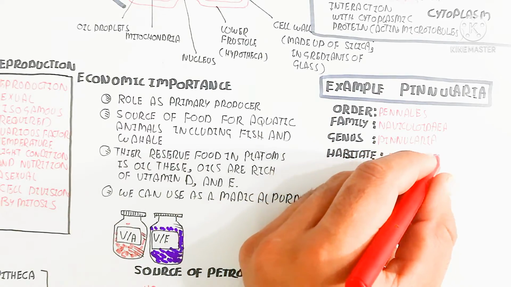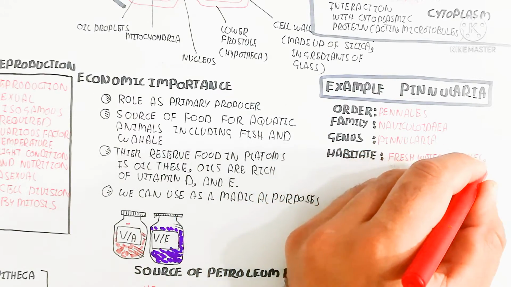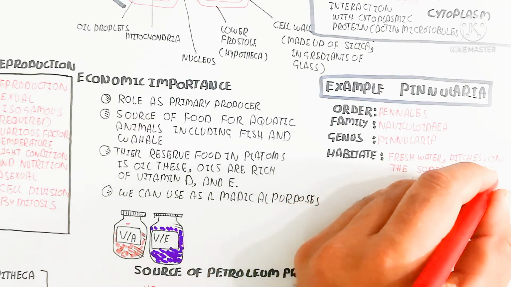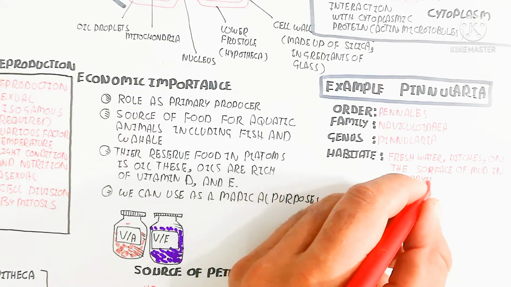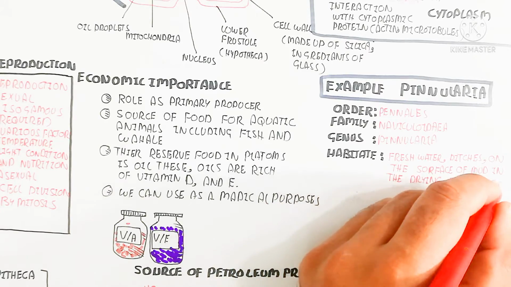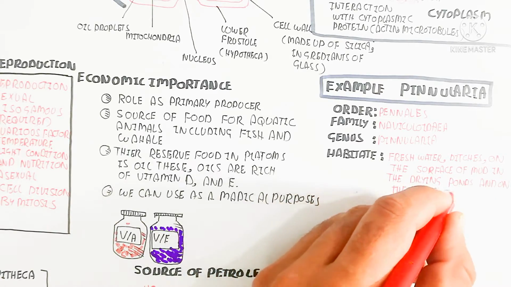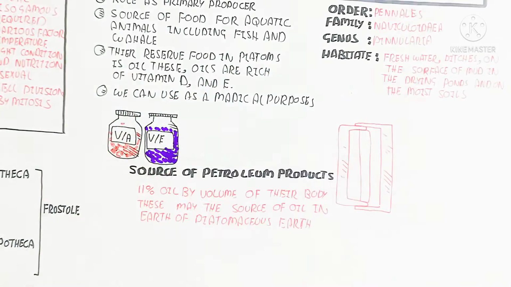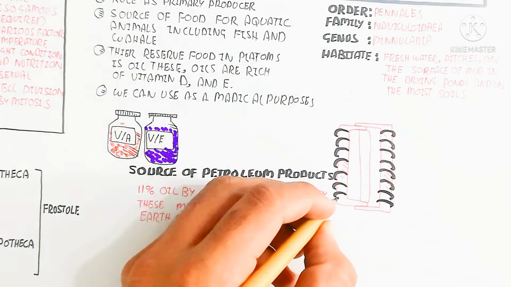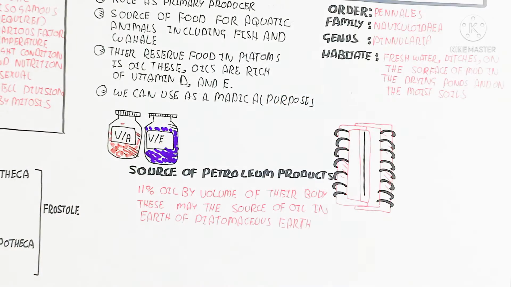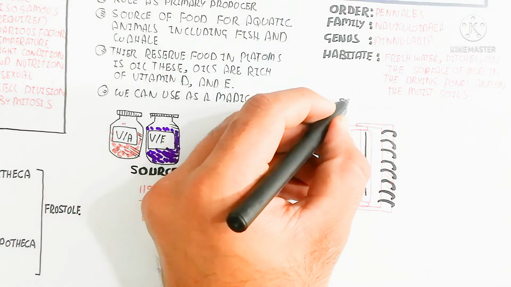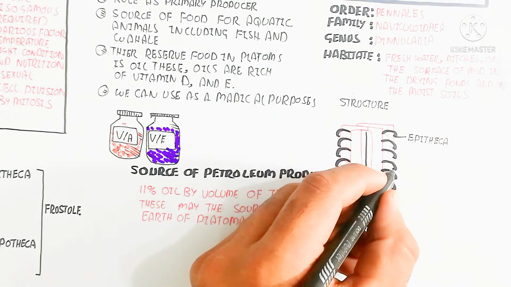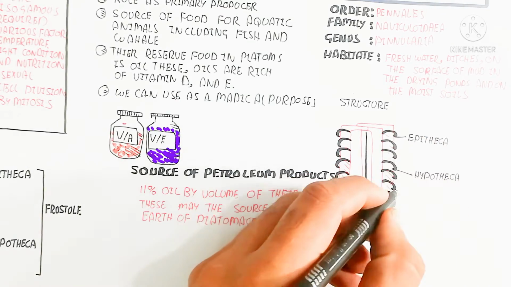The habitat is freshwater ditches, on the surface of mud in drying ponds, and on moist soil. The structure of Pinnularia we will discuss just for understanding. This is the epitheca and hypotheca as shown in the figure, and the girdle is the central, middle part, and the connecting band is present. So you can see and understand.